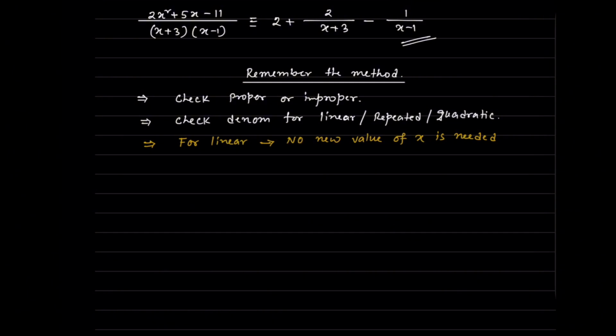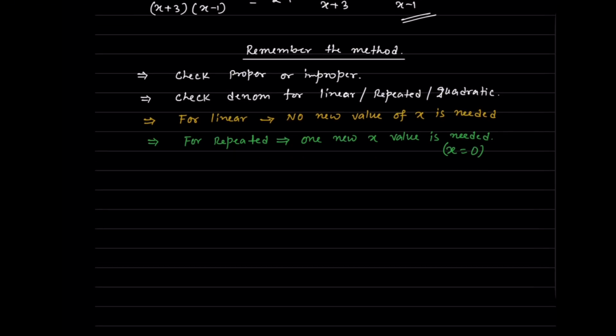For repeated, one new x value is needed, and that should be x equals 0. Always remember that it must be x equals 0. Then only you can get your second coefficient.